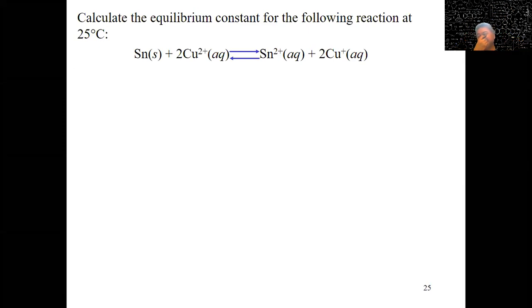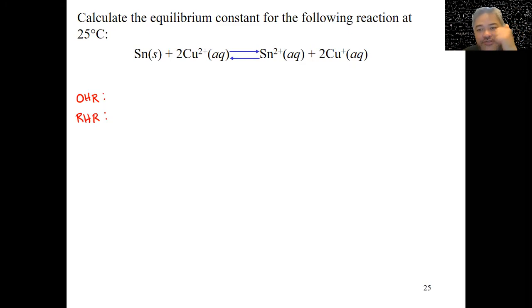Now, what do we know about getting the so-called oxidation half reaction and reduction half reaction? In the previous class that we have, we said that if we have a galvanic cell or a voltaic cell, the one that is reduced is the one that has the higher reduction potential.